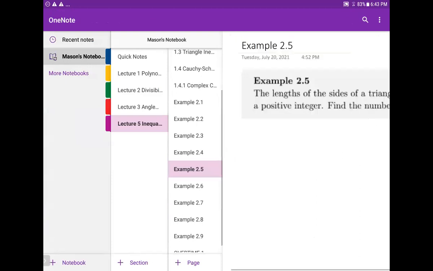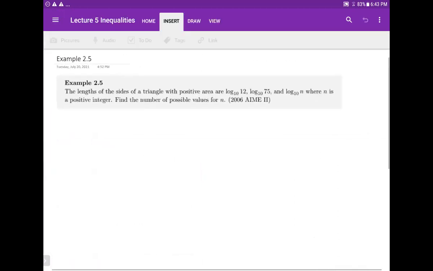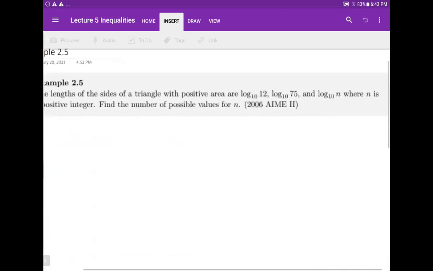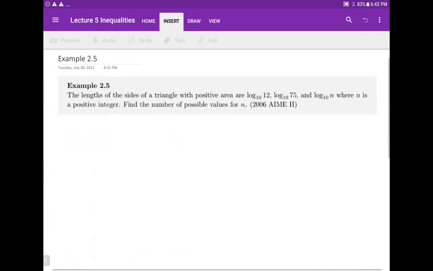All right, let's do another example then. And in this example, we'll touch on the triangle inequality. So far we've used AMGM, we've used basic inequality manipulation, and now let's do one with the triangle inequality. So here we have the lengths of the sides of a triangle with positive area.